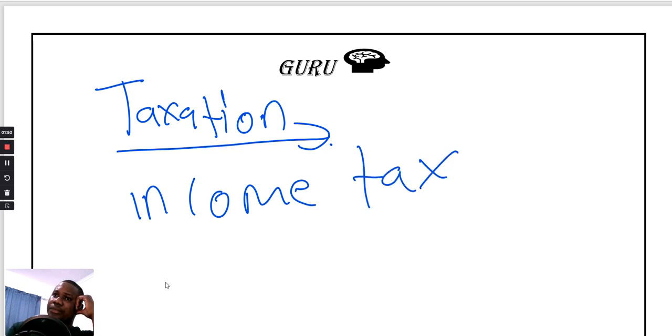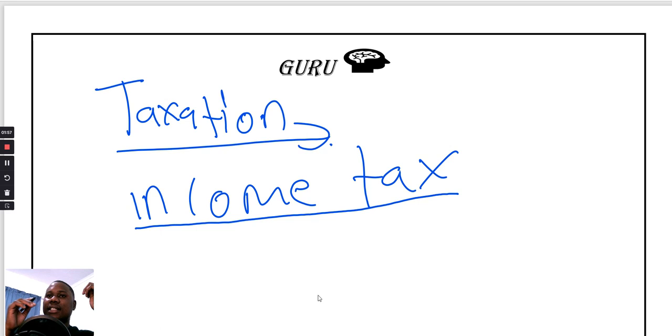With the income tax now, we want to know how SARS calculates the income tax that each employee must pay, per month or per annum. That is the income tax we see on the payslip.